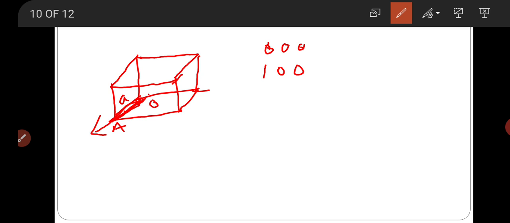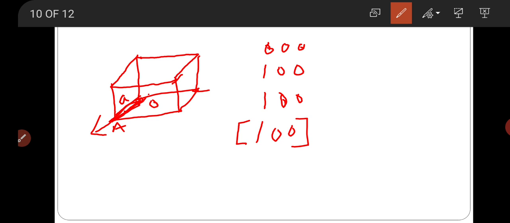After subtracting, you will find 1, 0, 0. Here there are no fractions. Put these integers 1, 0, 0 in square brackets. It represents the direction, so this is the Miller indices for the direction.